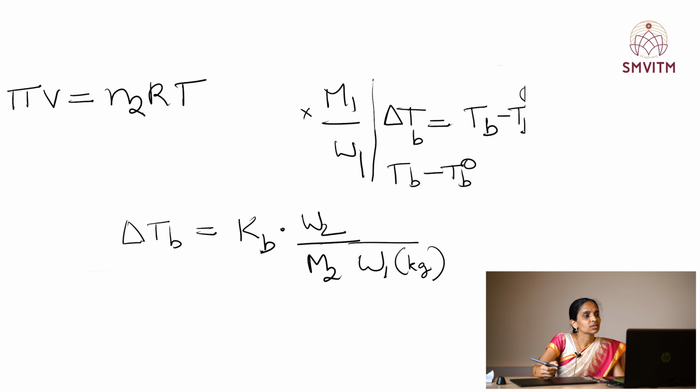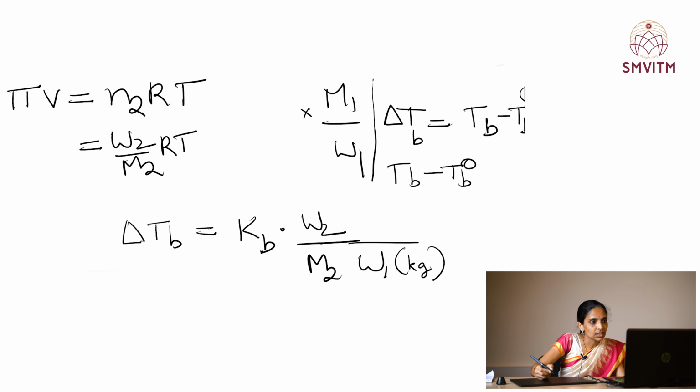This is of the form PV is equal to nRT, which is your ideal gas equation. Okay, this is how we remember the formula, and then you can substitute for N2, that is W2 by M2, and then RT. Okay, so this is the formula for osmotic pressure. Again, W2 and M2 both are generally substituted in grams. Temperature, remember, should be in Kelvin.